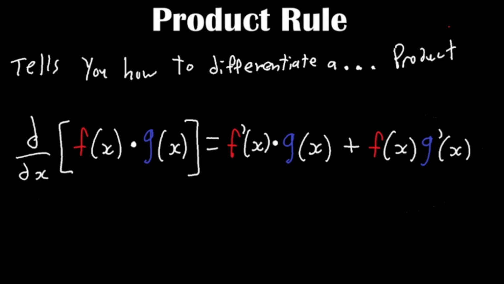But here's what I like to think about it. You take f of x times g of x, and you add them together, right? But for each of the two terms, for one of the terms you do f prime of x, and for the other one you do g prime of x.